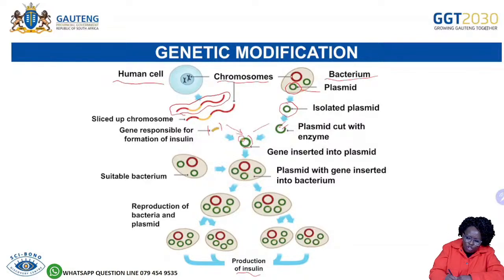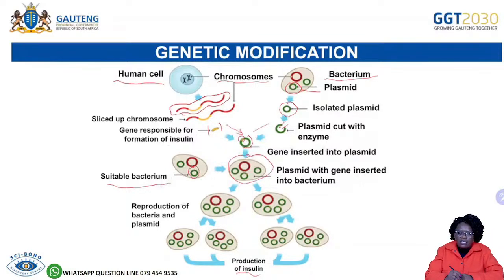This now is going to be put in a suitable bacterium. This is the plasmid that is now inserted in the suitable bacterium. With the plasmid with gene inserted into the bacterium, you can see now it's there. And due to the asexual reproduction of bacteria, because they reproduce asexually through binary fission, it's very quick.